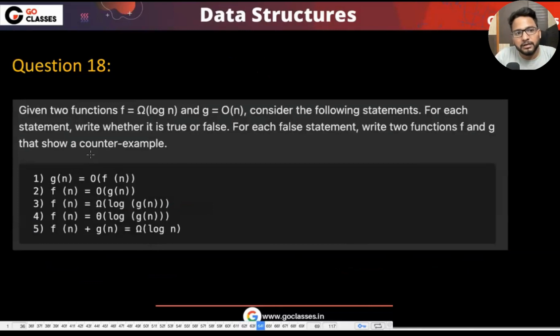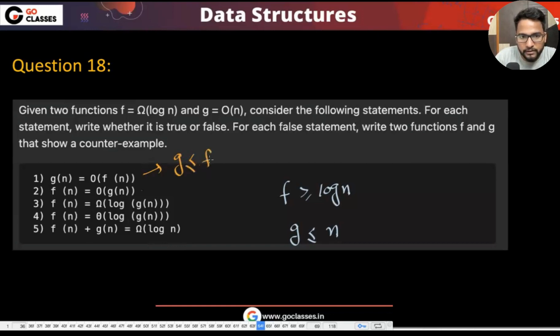Let's see this. They are saying given two functions, where f is greater than or equal to log n, and g is less than or equal to n. Now, is this true that g is lesser than equal to fn?